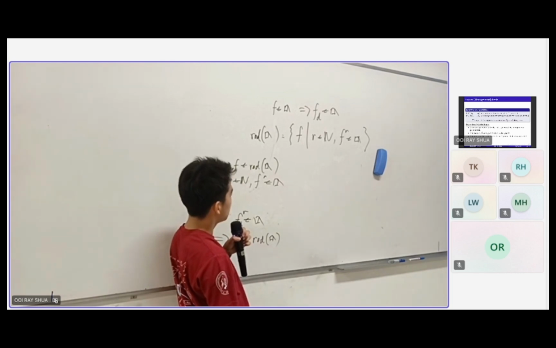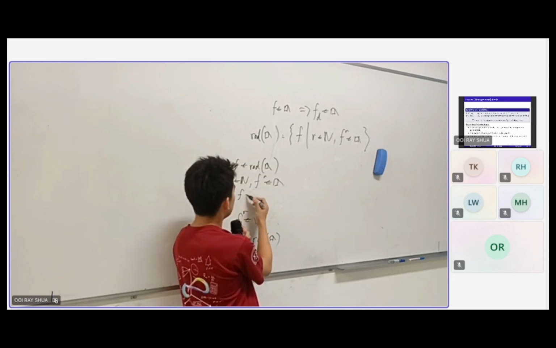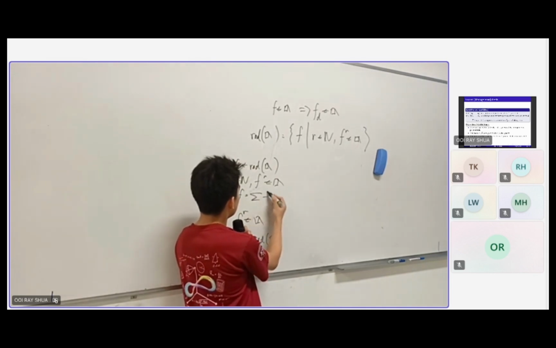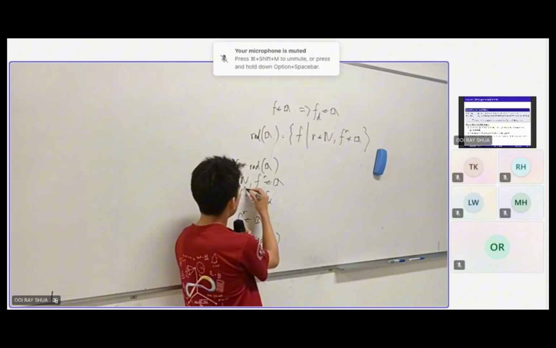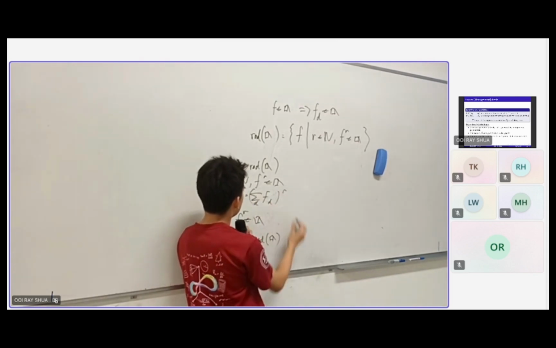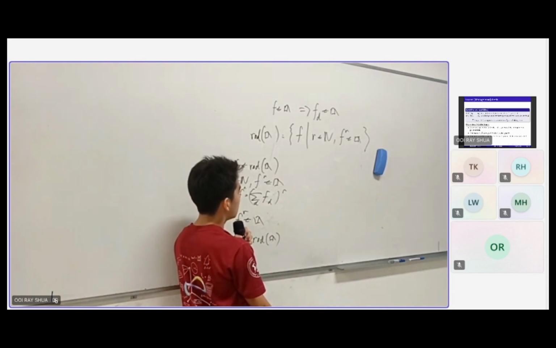So you write f equals f1 plus up to fd, and then take the r-th power. Then fi to the power r will be the only term of this degree.